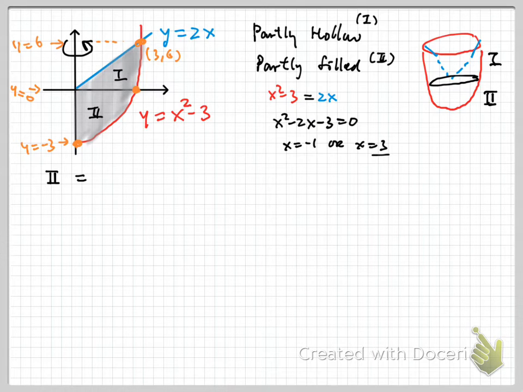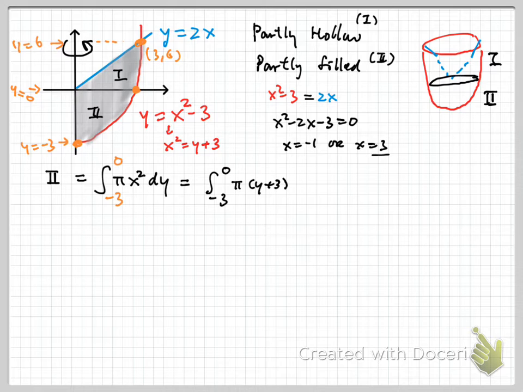So in part 2, the volume will be from minus 3 to 0. All these are pi x squared dy. So you need to express x squared. After rearrangement, you have x squared equals y plus 3. So that would be from minus 3 to 0, pi times (y plus 3) dy.